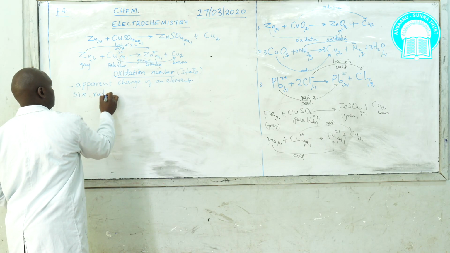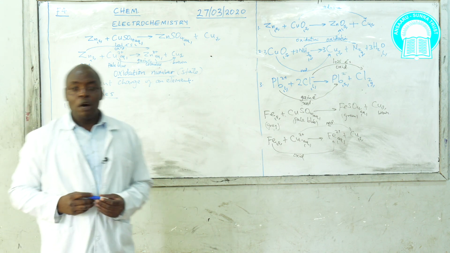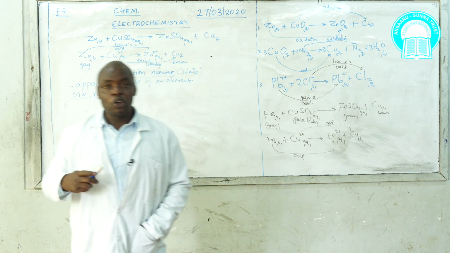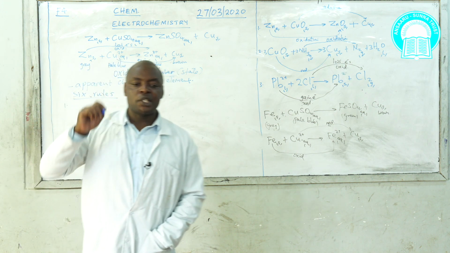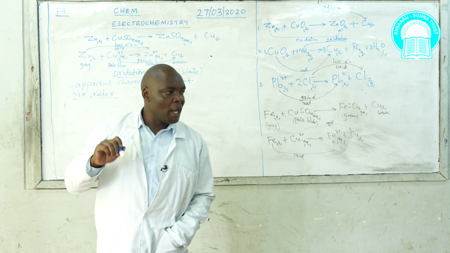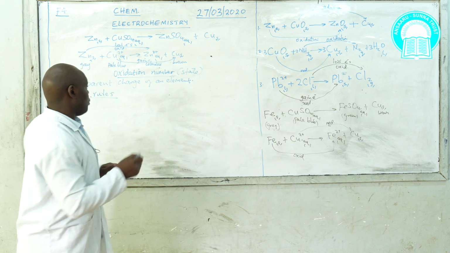6 rules. Number 1, the oxidation number of an uncombined element or neutral molecule is always 0.